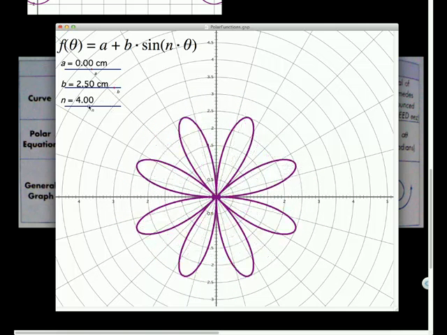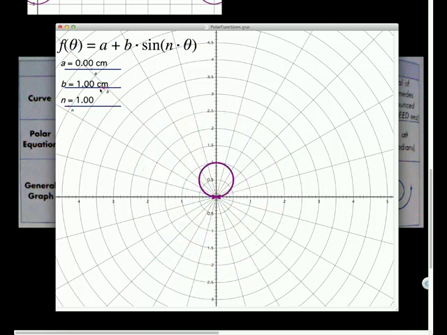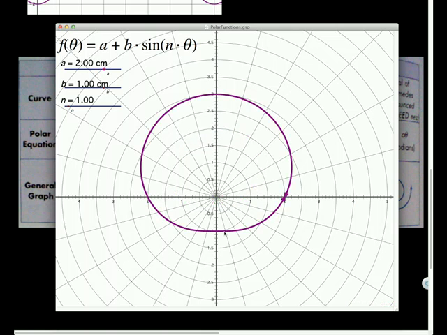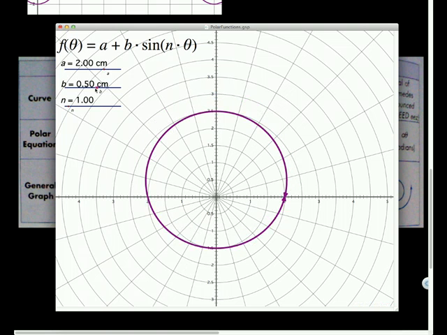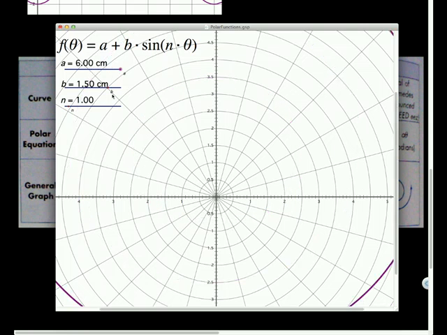So let's bring this back down to 1 and b down to, say, 0.5. Now let's consider what happens if I add a constant into this. And here is our cardioid function, where it has a cusp. And then here, this isn't quite circular. It's a little bit flattened off here. And I think I can show you an example of a dimple right there, where it smoothly transitions.